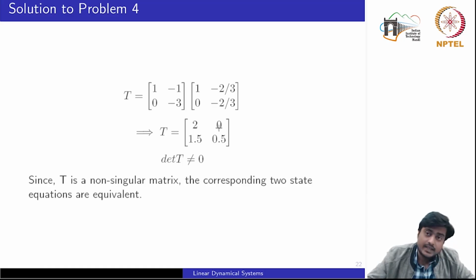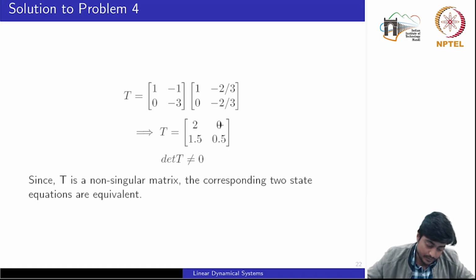So this was in fact the condition: if there exist non-singular T matrices by which these two relations, first between A bar and A, second between B bar and B, are related, then those two pairs are equivalent.